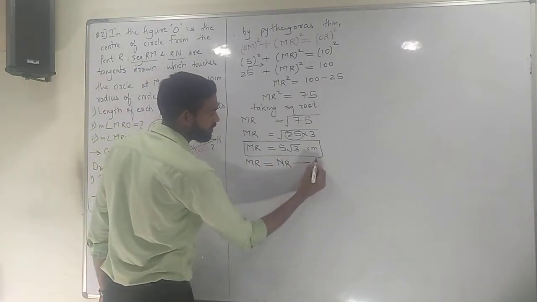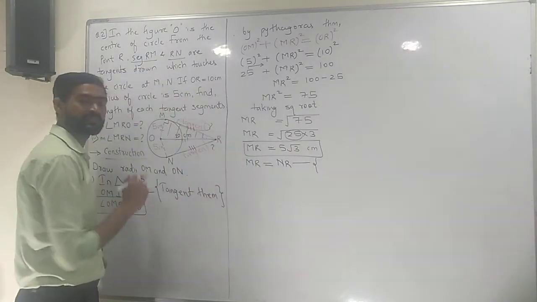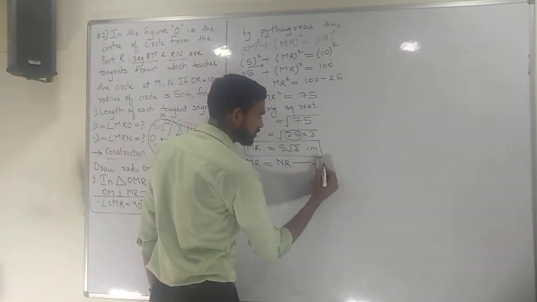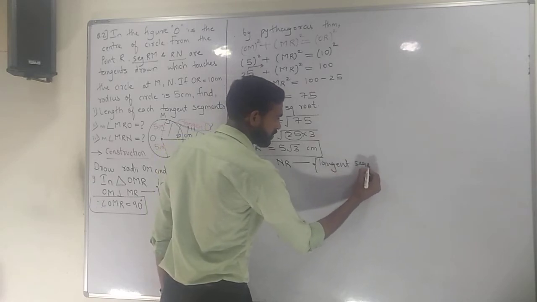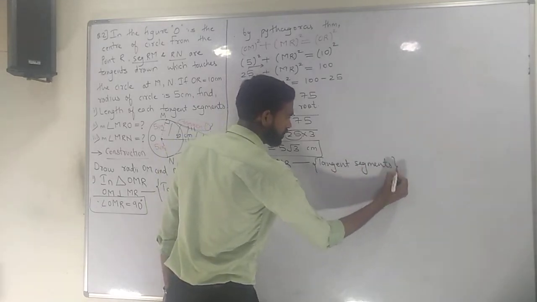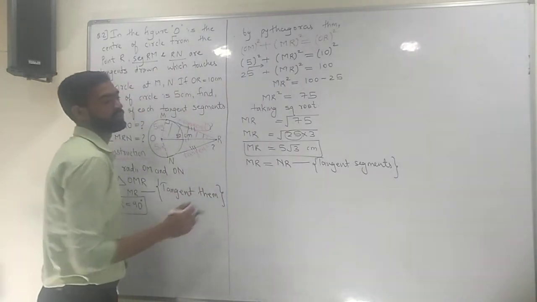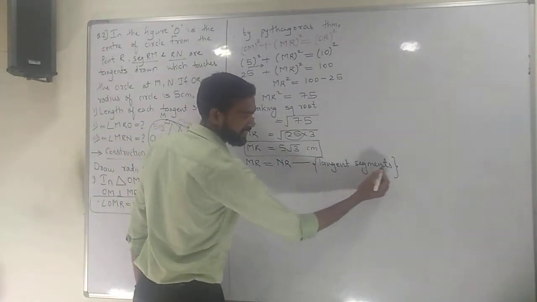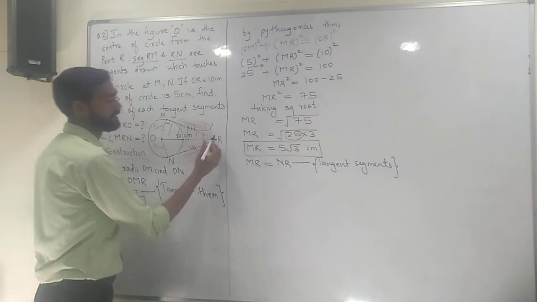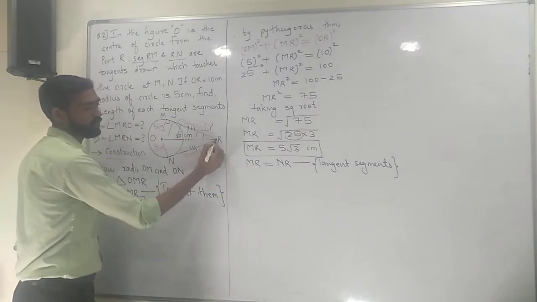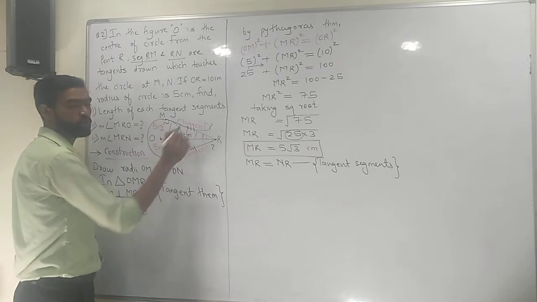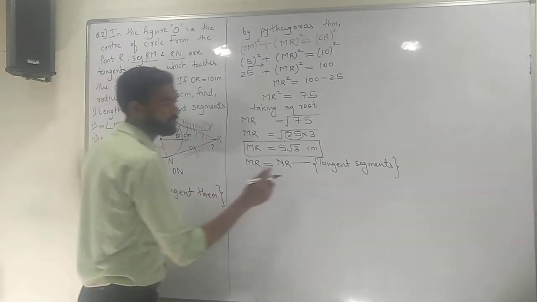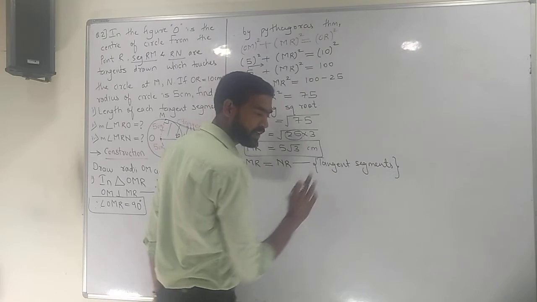Why are both equal? Tangent segments. What is the actual reason? The theorem name is tangent segment theorem. The property is: tangents drawn from an external point to the same circle are equal or congruent. So that theorem is known as the tangent segment theorem.